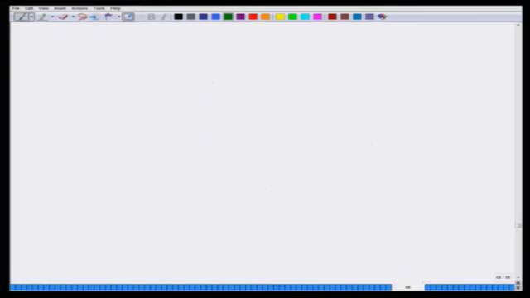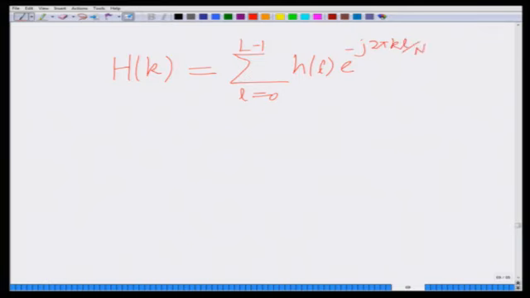And now, I am not going to go through the details again, but if I look at the expression for H of k, each H of k is the summation over l equal to 0 to capital L minus 1 of h of l e to the power of minus j 2 pi k l by N. Each h l is complex Gaussian, which means it follows that H of k, which is a linear combination of the small h l, is also complex Gaussian.